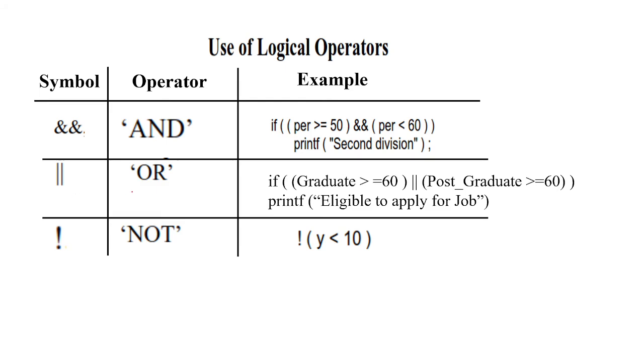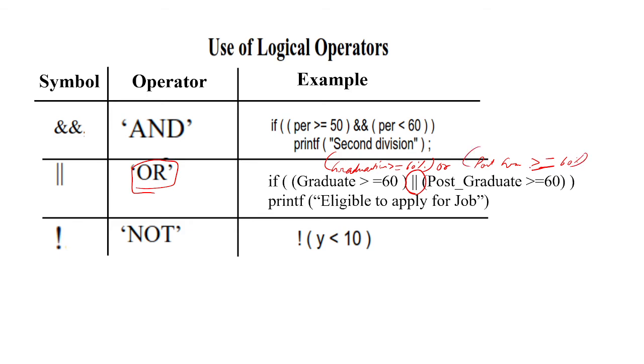In the second example of OR operator, one condition is graduation is greater than or equal to 60%, or post graduation marks are greater than or equal to 60%.